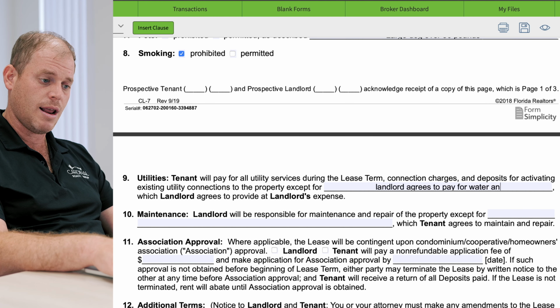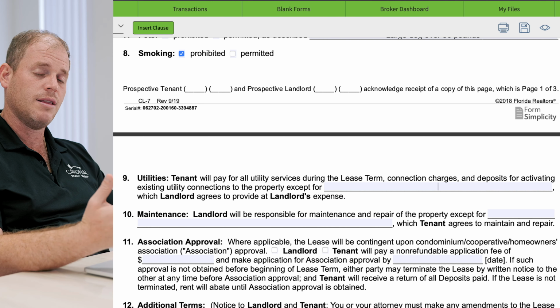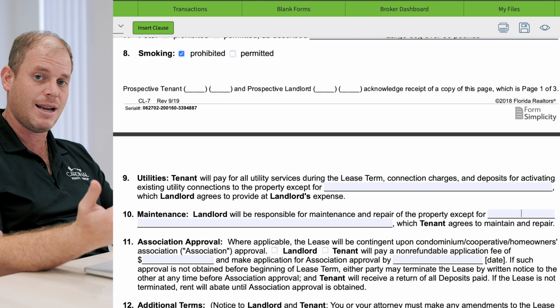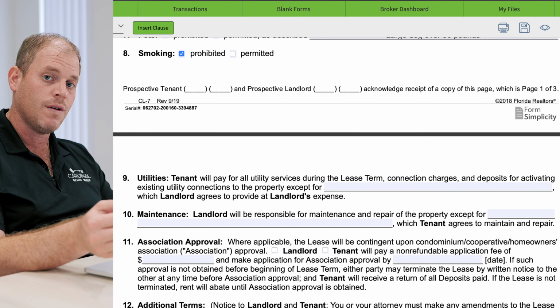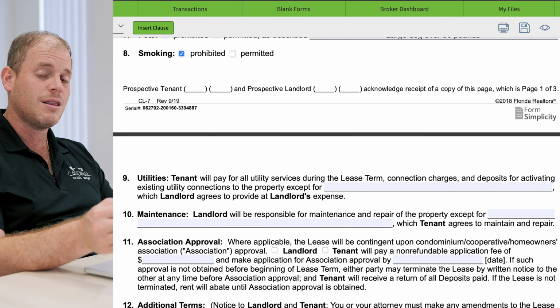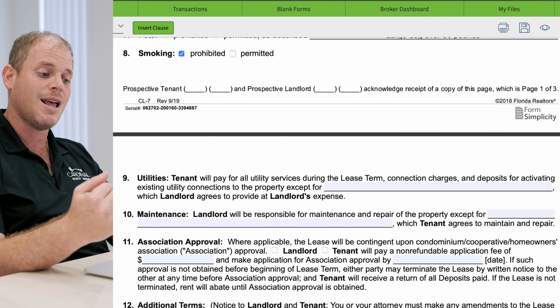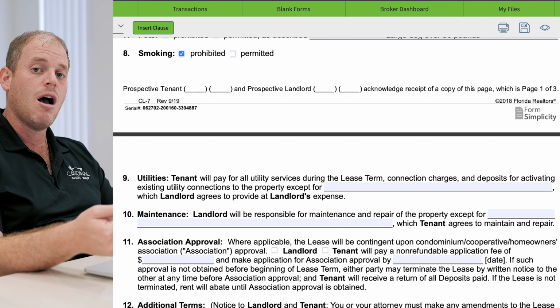All right, and moving on here to section 10. Just like section 9 but kind of the opposite, usually the landlord's responsible for maintaining the premises. Okay, so let's just read this here. Landlord will be responsible for maintenance and repair on the property except for, right? So if there's anything that the landlord is not going to be responsible for, and there's something that the tenant agrees to maintain and repair, then that is going to go here.